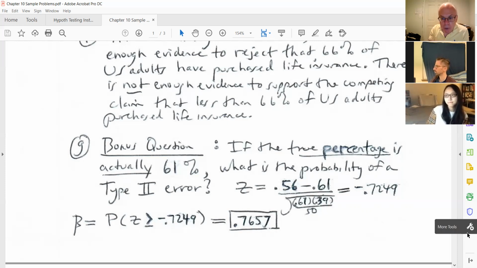Now, obviously, if I ask you a question and you come to a decision of rejecting the null hypothesis, then you already know what the type 1 error is. It's alpha. But I could ask you, what's the power of the test?